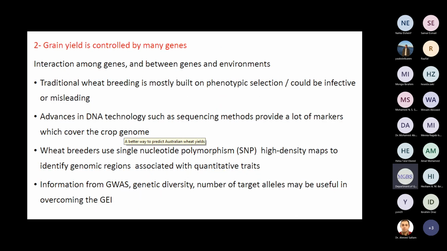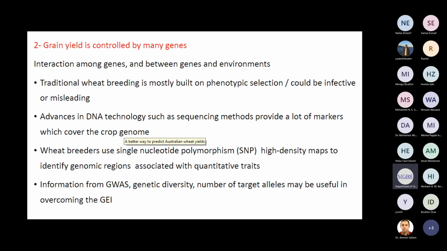The second issue is grain yield is controlled by many genes. It's a polygenic trait, which means it's controlled by so many genes, not a single gene or two genes. Some of these genes have major effects, and some have minor effects.